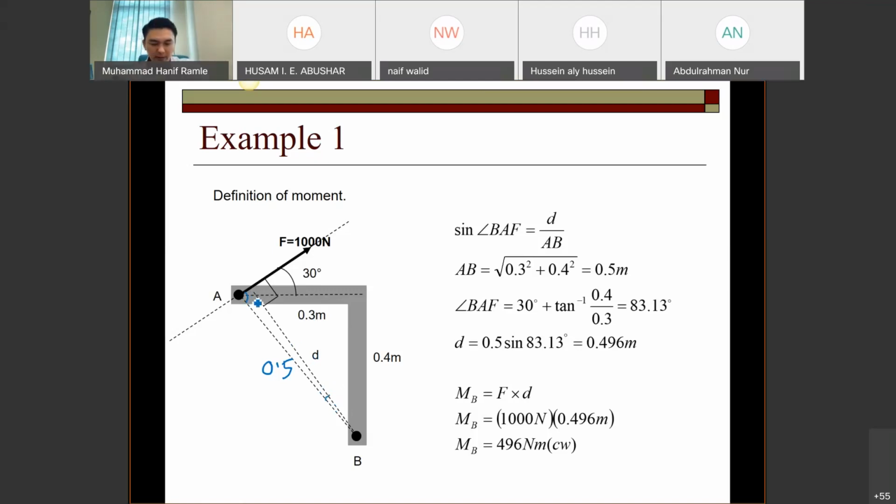In this case, we have the solution to find this angle, which is using the sine equation. By using that, you will get straight away the angle of BAF: 30 degrees plus inverse tangent of 0.4 over 0.3, equal to 83.13.